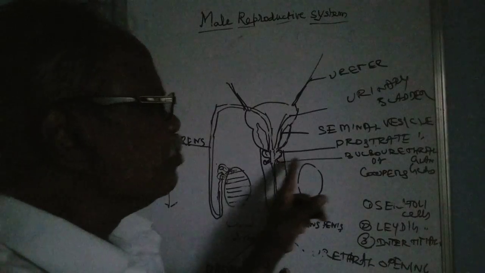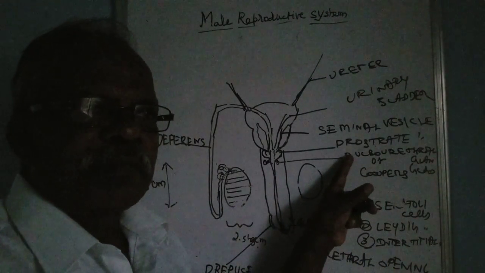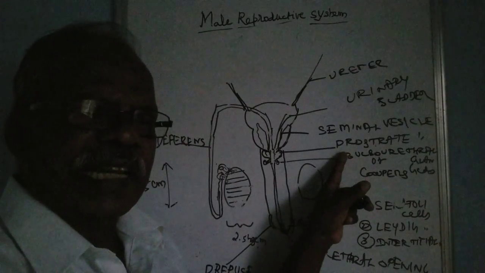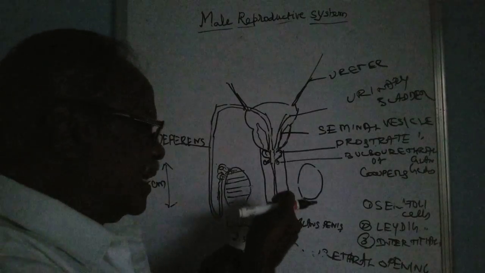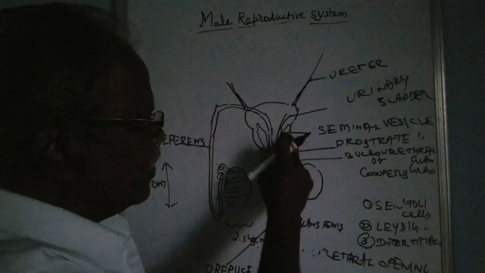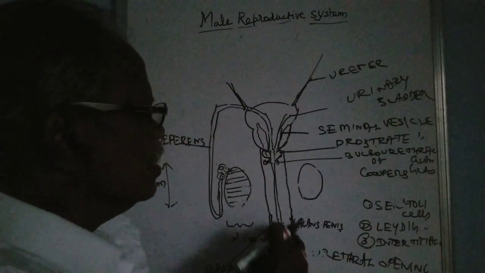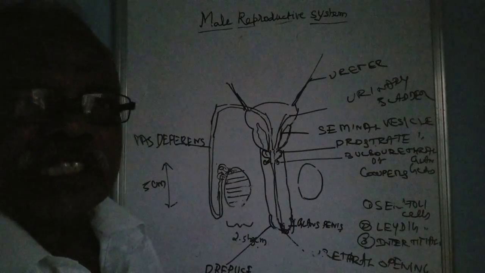And the bulbourethral gland, the third accessory gland, acts as a lubricating agent. So these are the functions of the glands that we have seen. By this way the male reproductive system functions.